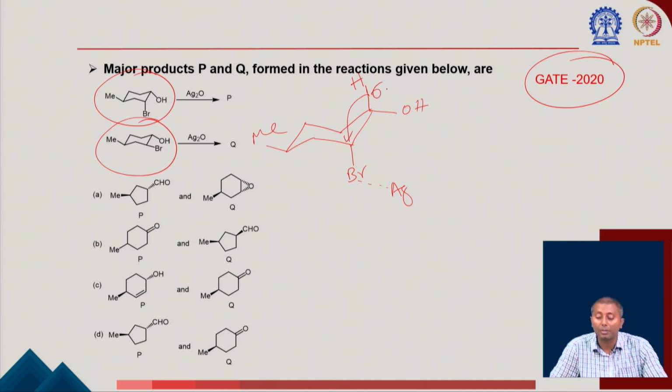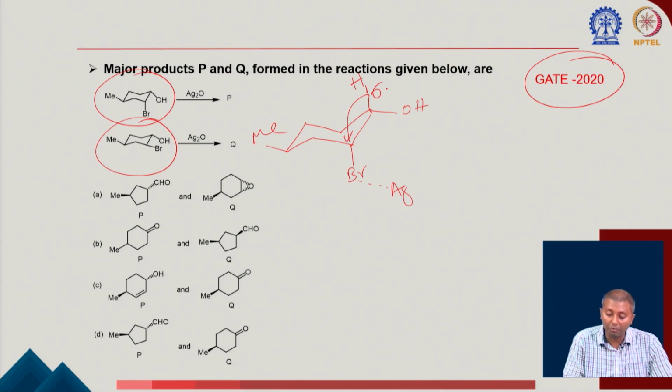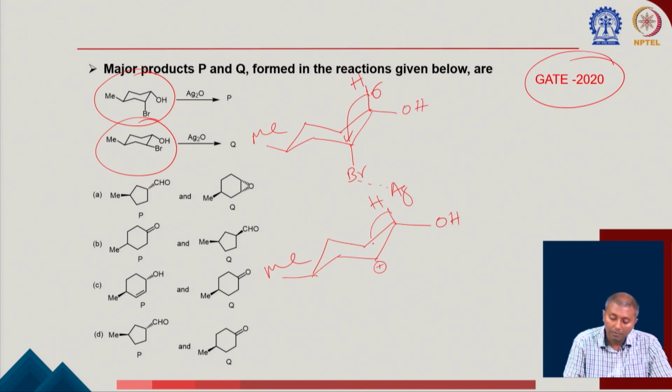Okay. So that means what is going to happen here, if you are forming a corresponding carbocation here, then this is the bond which is anti-periplanar to this.